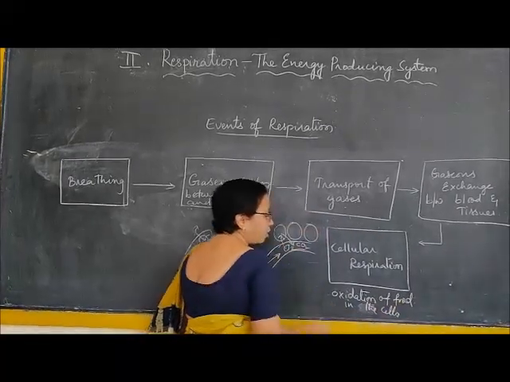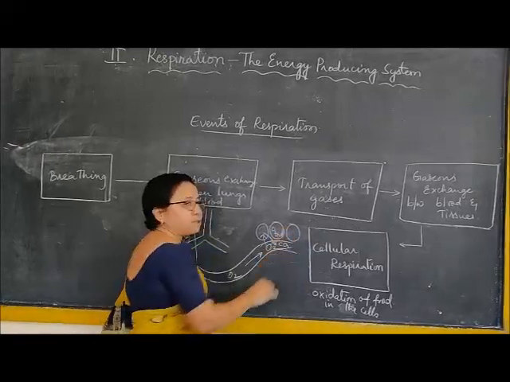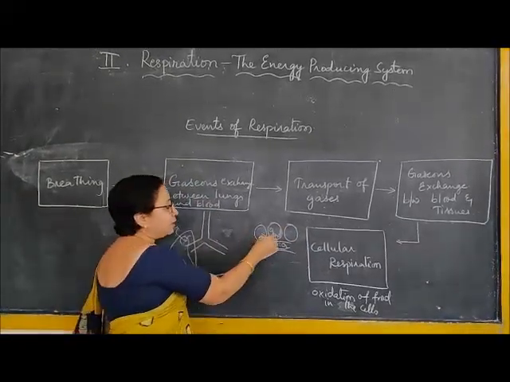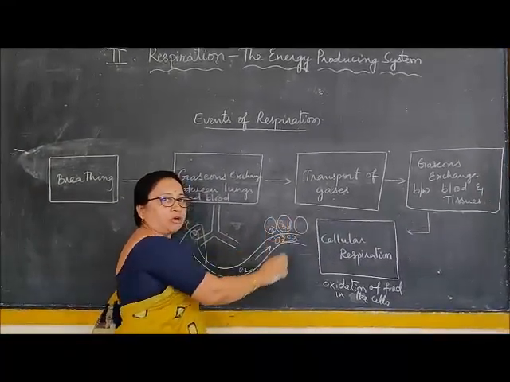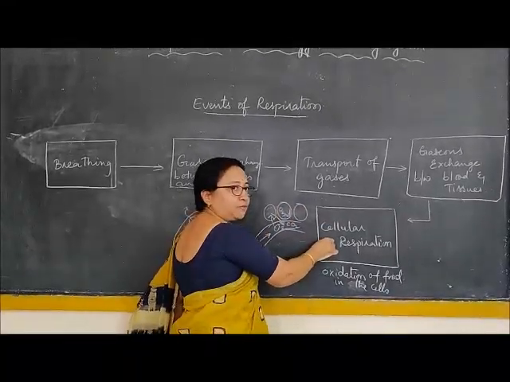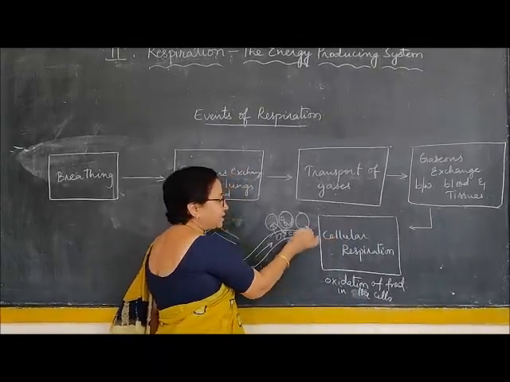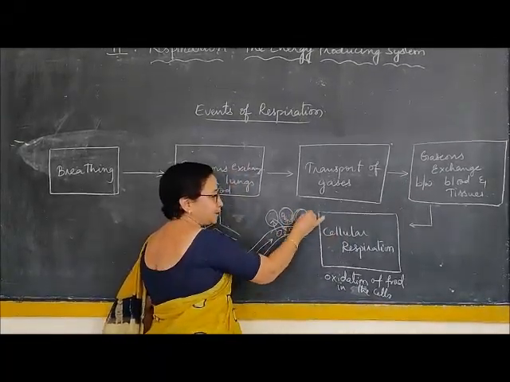That means the oxygen combines with the food and the food is burnt to liberate carbon dioxide and water vapor along with energy. This is the final step of respiration, which occurs inside the cells.